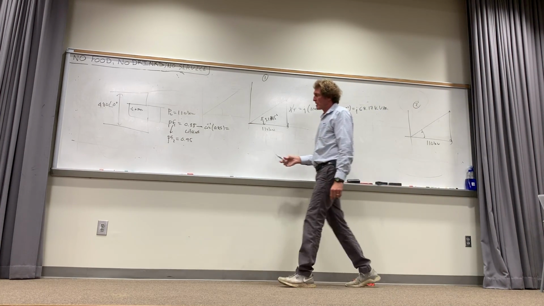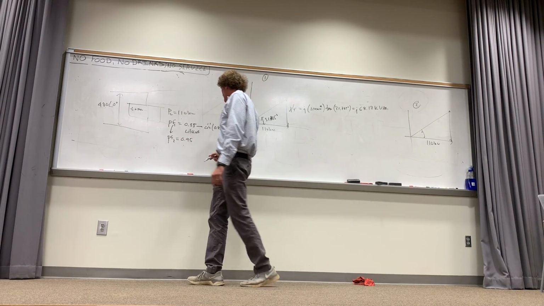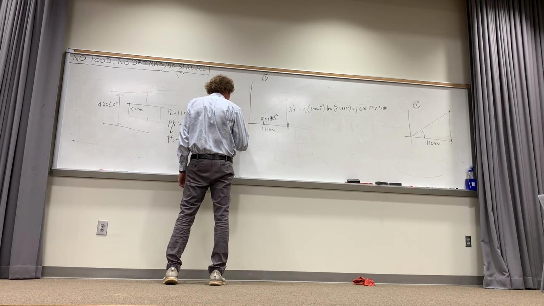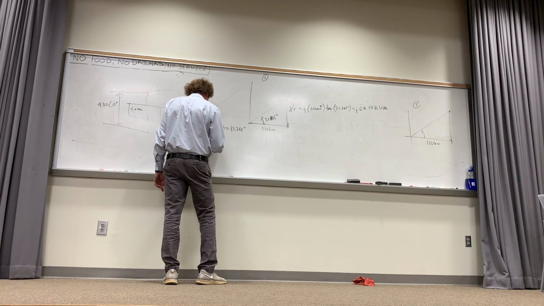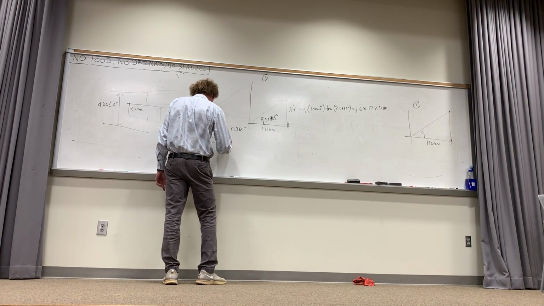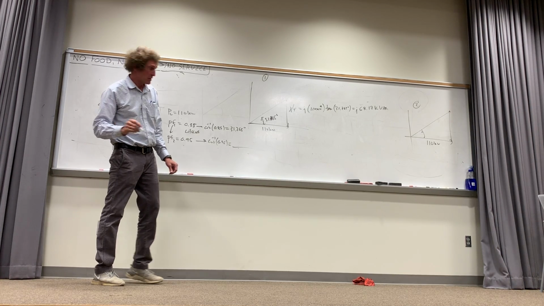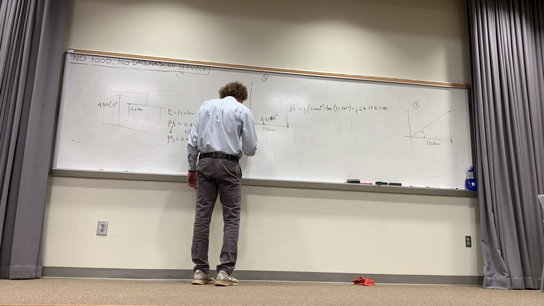I started with the inverse cosine of 0.85, 31.785 degrees. Now I have to take the inverse cosine of 0.95. What is it? 18.19 degrees.